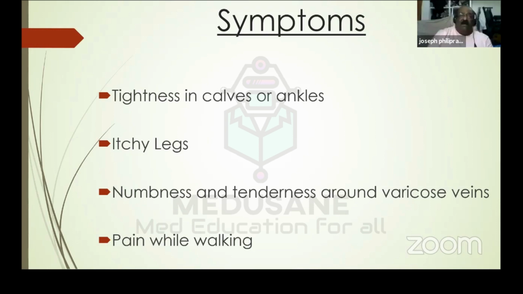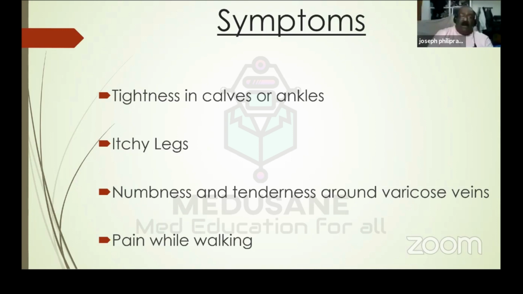So this blood, when it leaks out into the subcutaneous tissue, there will be deposition of hemosiderin pigment, and this causes extensive skin reaction which becomes eczematous and indurated. And around this there can be numbness because of neural damage to the superficial nerves.